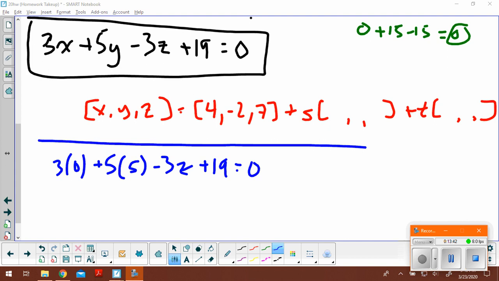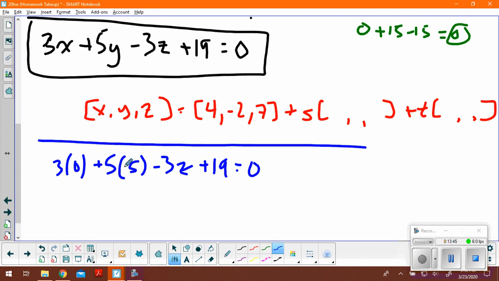Okay, change my mind. I want y equal to -5 in there, so I get some nice numbers. So I've got 0 there, so -25 minus 3z plus 19 equals 0.